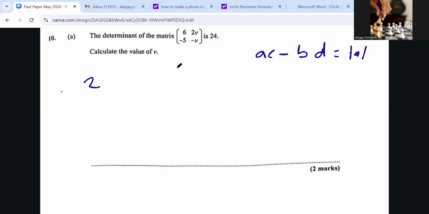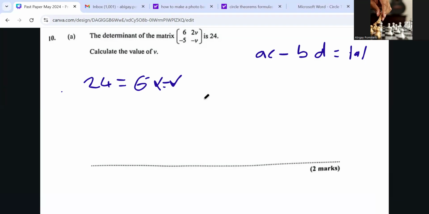So 24 equals A is 6 times, and D is negative V.